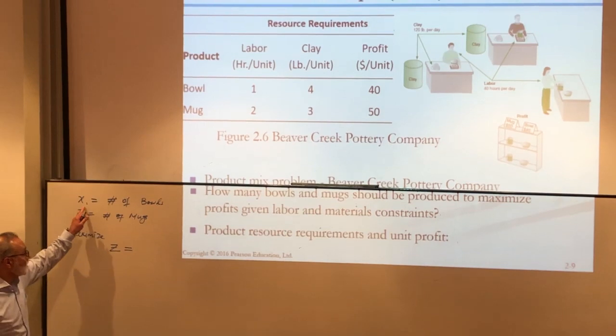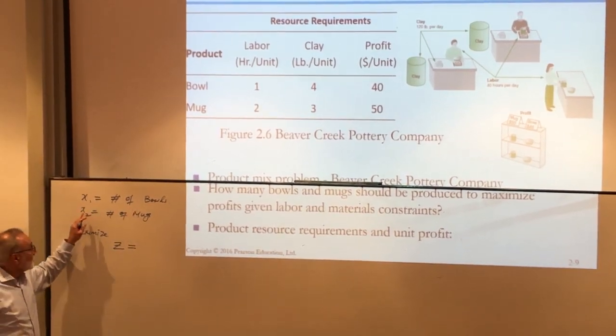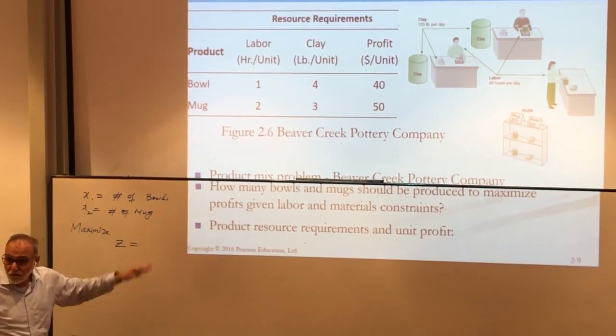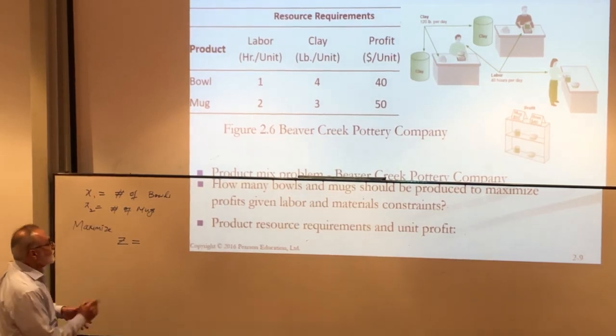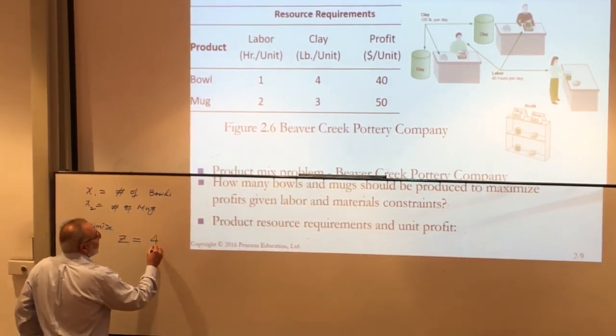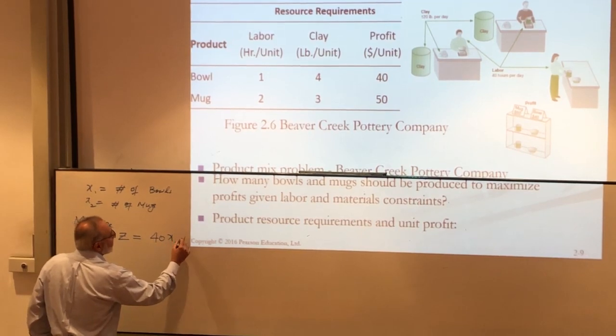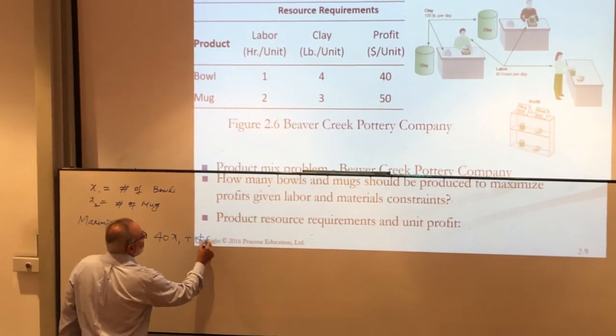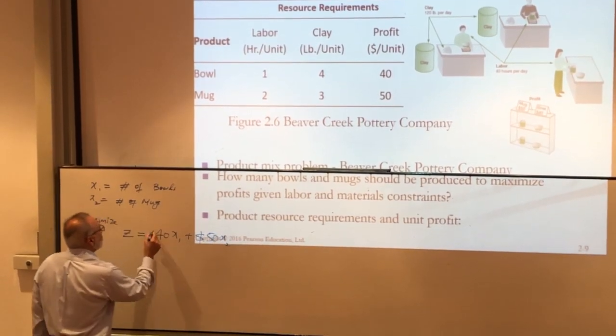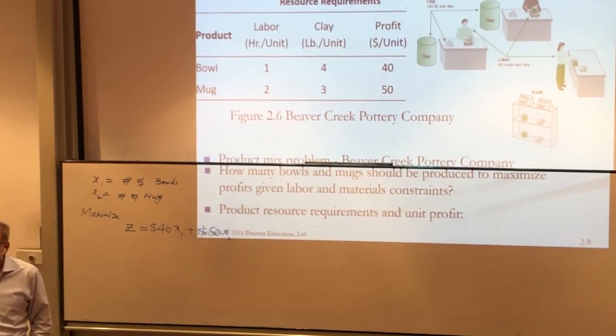We have defined x1 as the number of bowls and x2 as the number of mugs. So 40x1 plus 50x2 is our objective function.